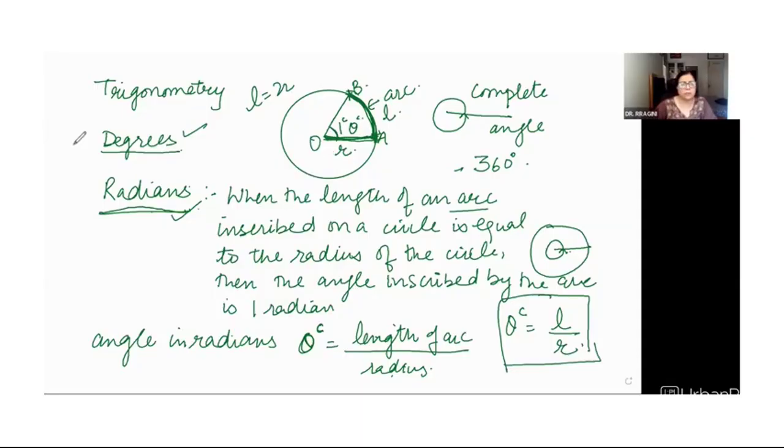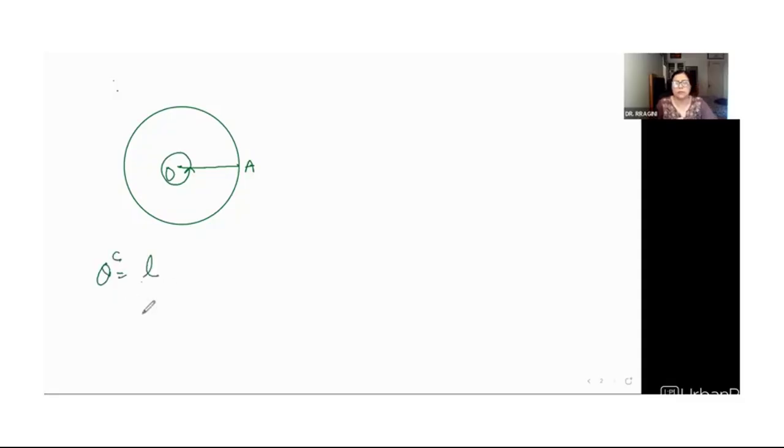Now let us derive the relationship between these two things. Okay. Now in this case, let's say this is the radius OA, right? Now what happens when we take the length of arc as a whole circle? See, theta in radians is L by R. We have just learned, right?